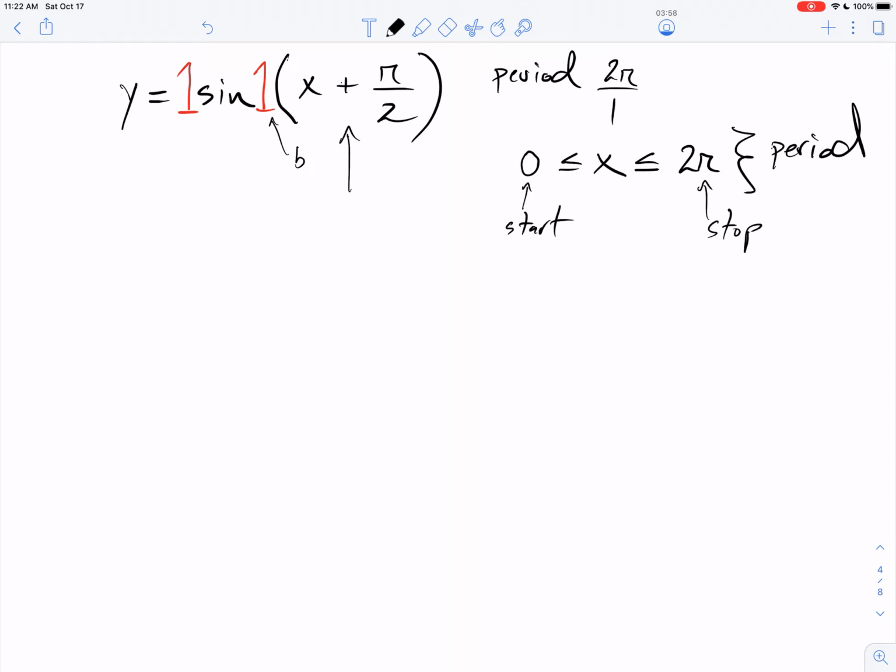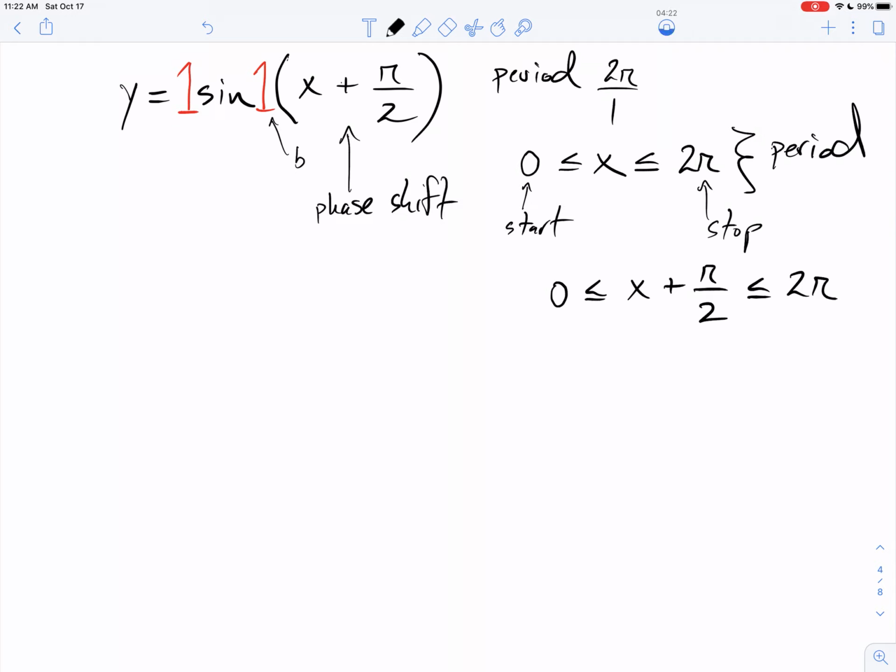Here's how we apply the shift. This is called applying the shift. I know my graph normally starts at 0, but this time instead of all the information just being x, we put the phase shift in the center of our inequality.